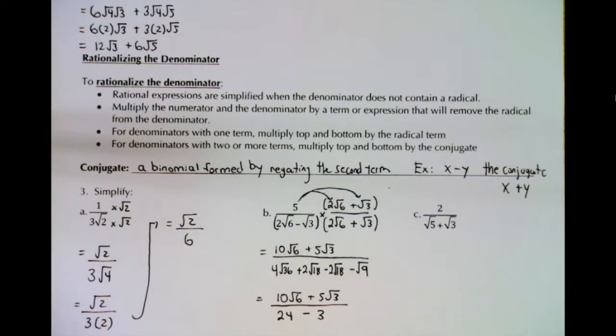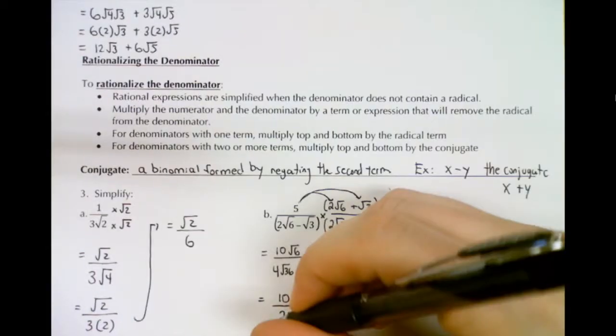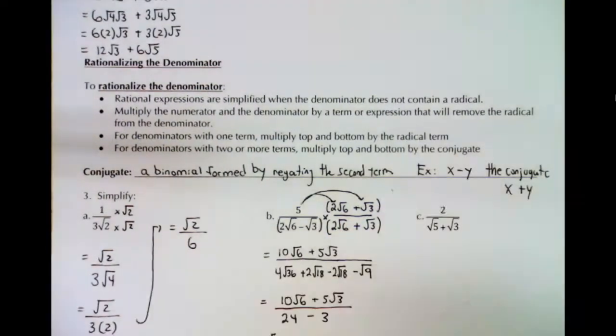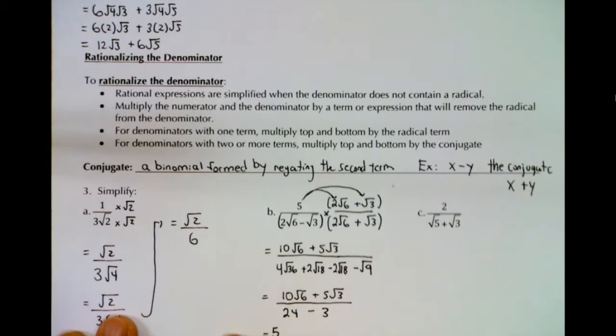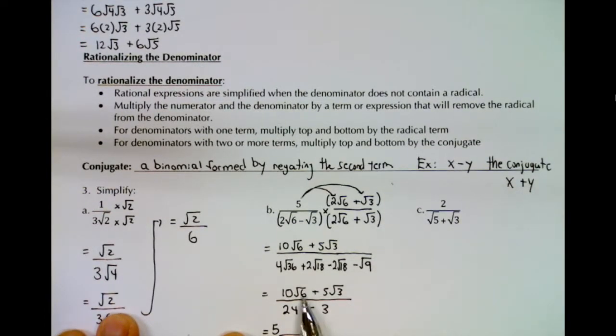Now the top has something in common. The top has 5 common to both terms, so we can common factor a 5. And if we're going to common factor fully, we can actually common factor root 3 as well, because 6 can divide by 3.